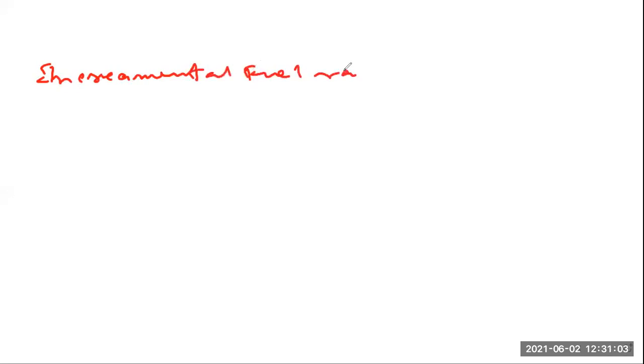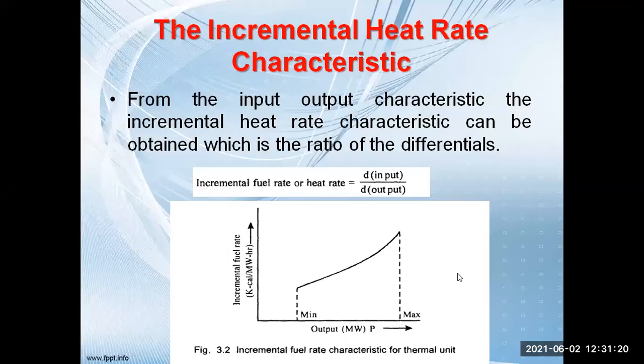It is kilocalorie per megawatt hour. Yes or no? Yes, sir.